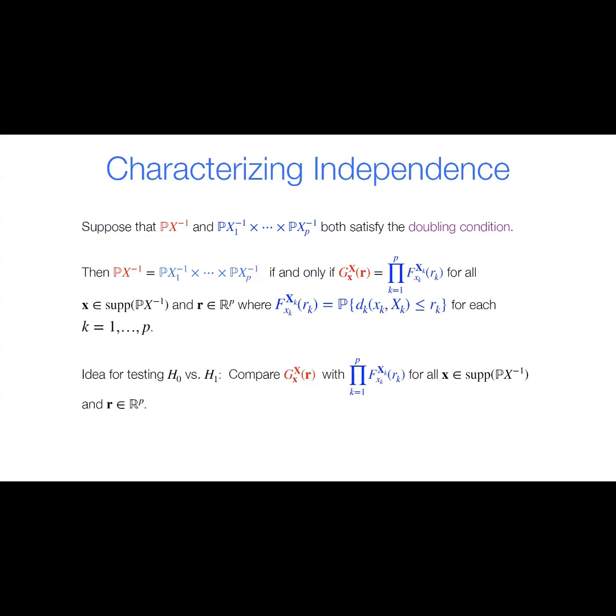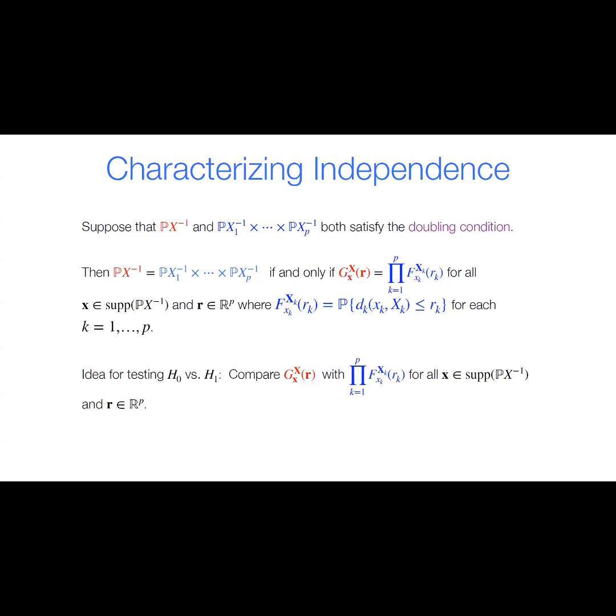So independence, which is the equality of the joint and the product law, is characterized completely by the equality of these joint distance profiles and the product of the marginal distance profiles for every point in the support of your joint law and for every possible radius. So there is an answer to your question: in order to characterize independence, we need the equality of the joint distance profiles for all points, like the centers, which are in the support of the joint law.